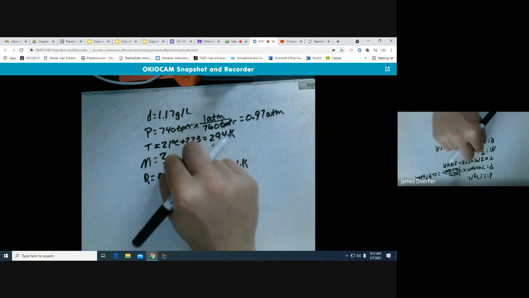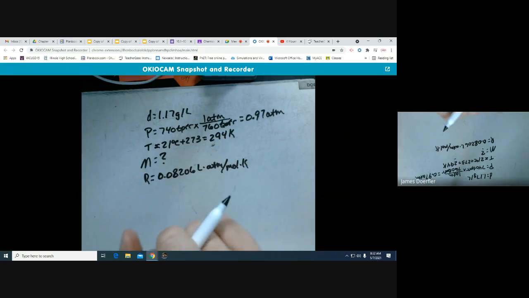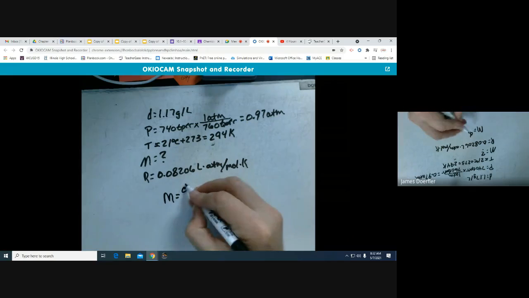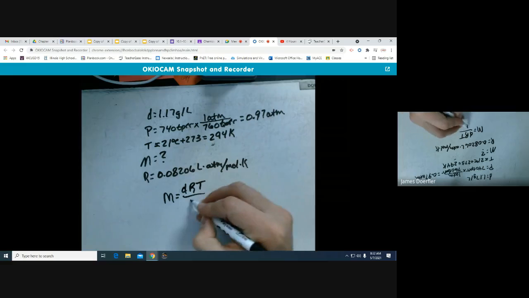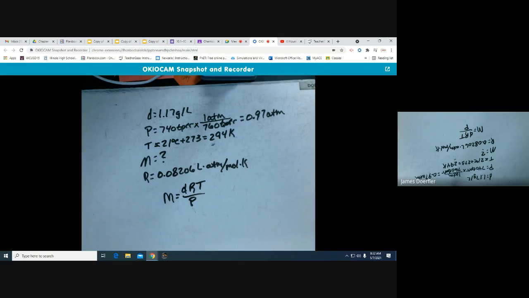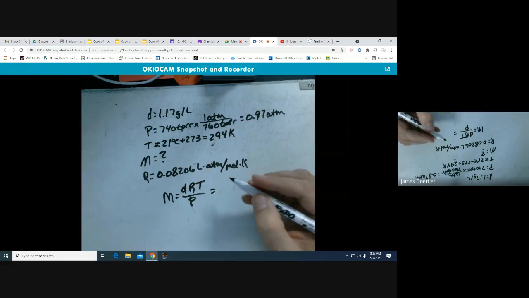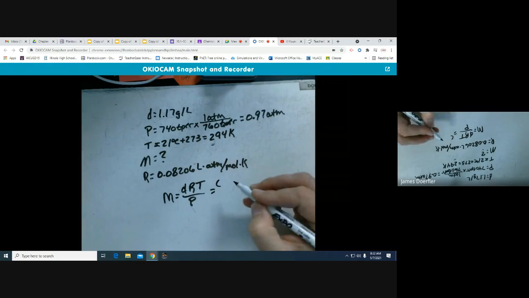So since we're solving for molar mass, we get to use dirt P. So we set up our equation. Molar mass is equal to density times R times T all over P. And like before, once we have it set up the appropriate way, we go ahead and plug in our values.